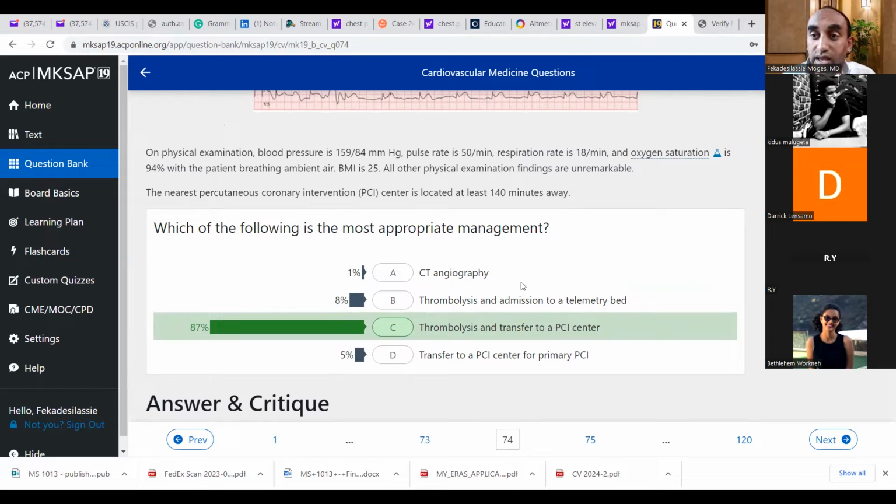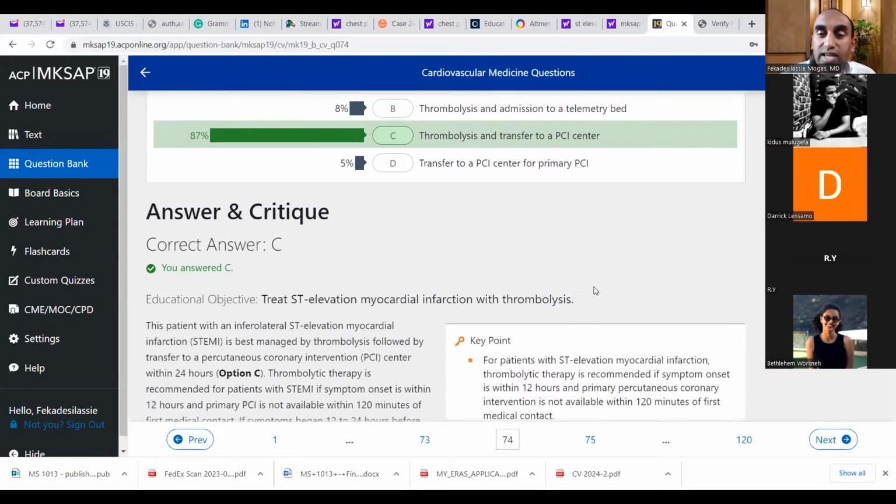Thrombolysis is temporary. The vessel can block again. So thrombolytic treatment has to be followed by a PCI. For that reason, you have to transfer the patient to the PCI center. You don't have to admit to the same hospital where there is no access to PCI. That's why we talked about transferring the patient out to a private center where there is PCI access.